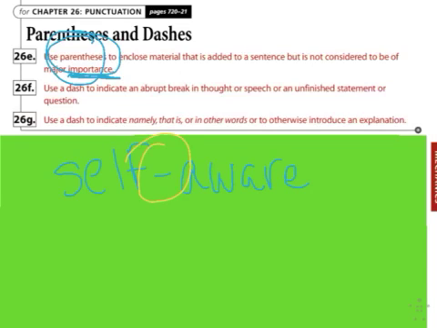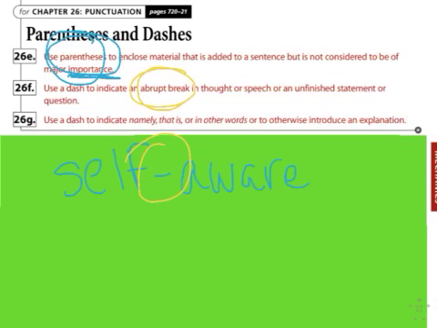Don't let me confuse you. And if we want to use a dash, a dash is actually showing this abrupt break in thought. And that's important because whatever is in between the dashes or what comes after it might be unfinished or it might be a question. So don't necessarily think that it has to be a complete thought, okay?